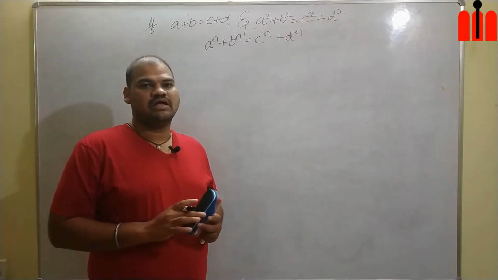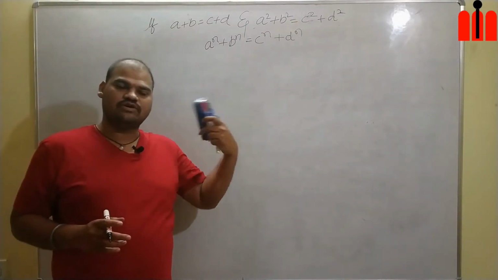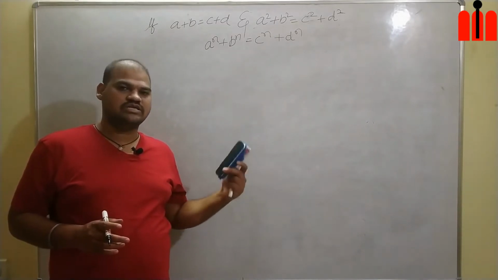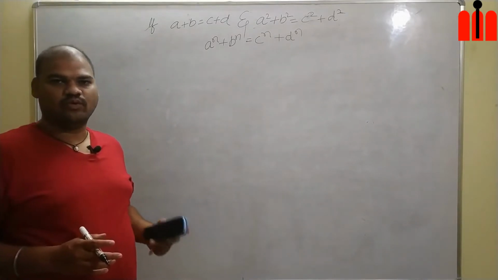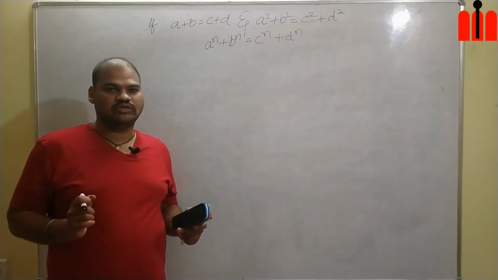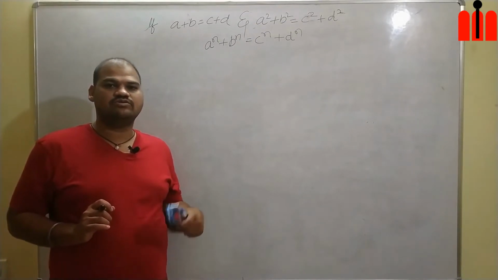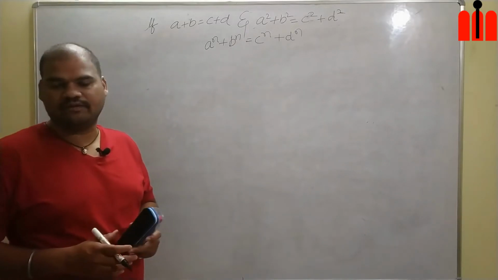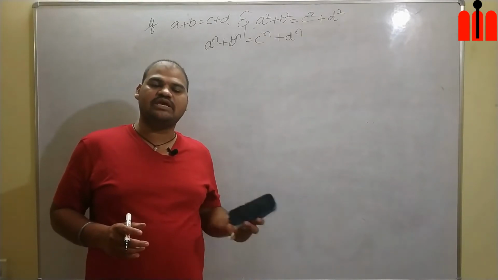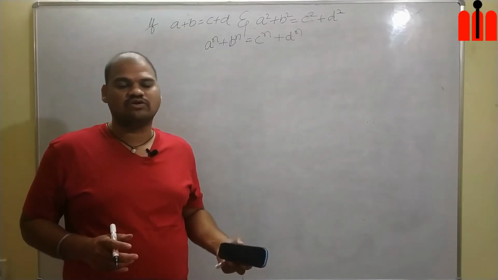Like here the problem is, if a + b = c + d and a² + b² = c² + d², then we have to show that aⁿ + bⁿ = cⁿ + dⁿ.